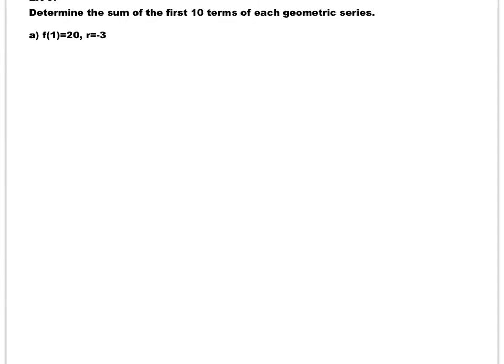The next example requires us to determine the sum of the first 10 terms. We know that a, the first term, is 20, r is equal to negative 3, and n is equal to 10. We use the general formula which says that S sub n of a geometric series is a times r exponent n minus 1 divided by r minus 1.